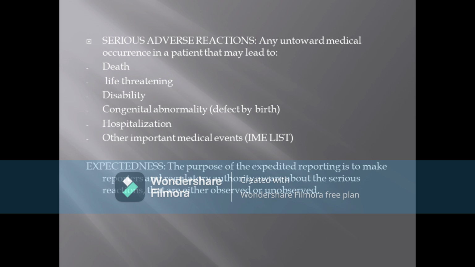Those are non-serious events. Now everything which is non-serious cannot be serious. So serious events are those that go into death, life-threatening, congenital anomaly, hospitalization, which could be either prolonged or initial, and other important medical events. That list is released every year, and we have a list of events given by EMEA.